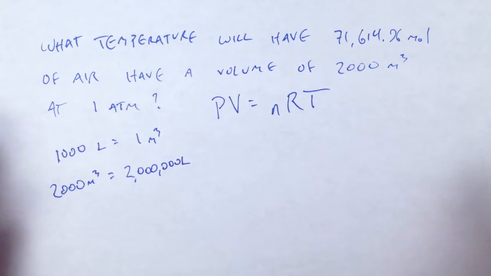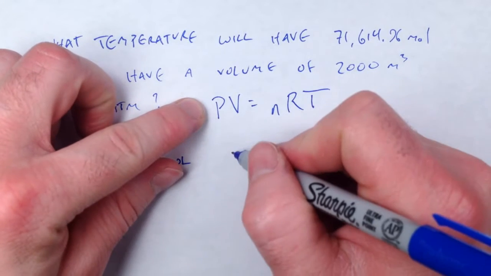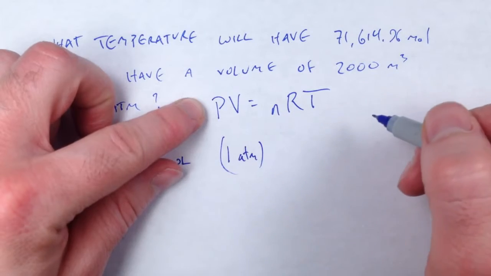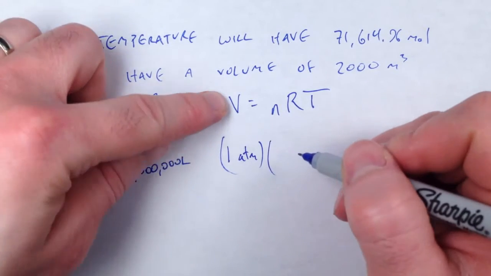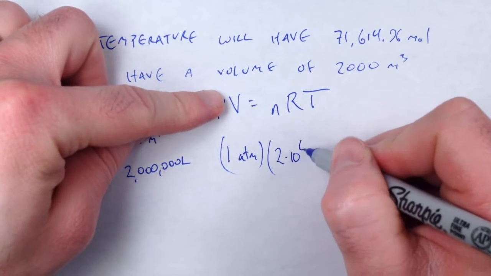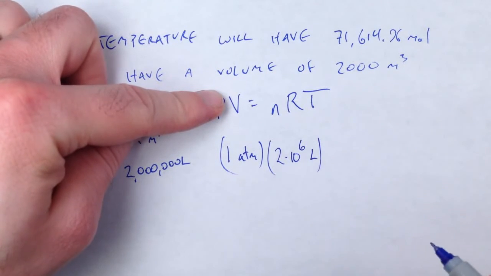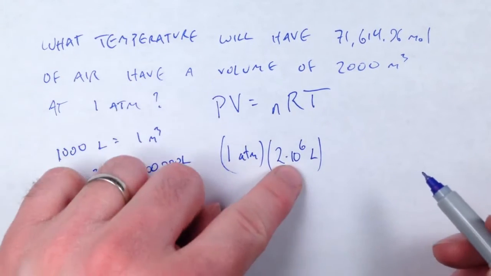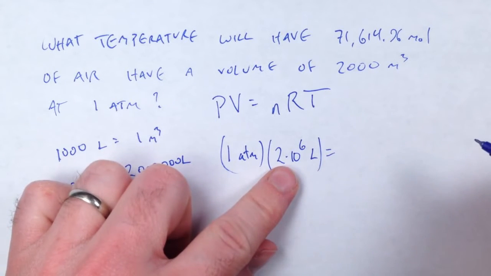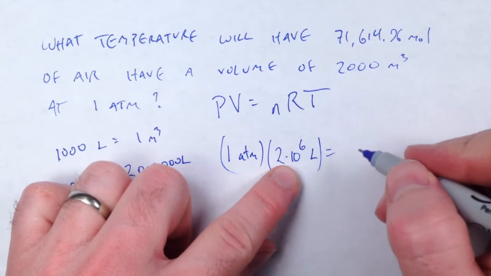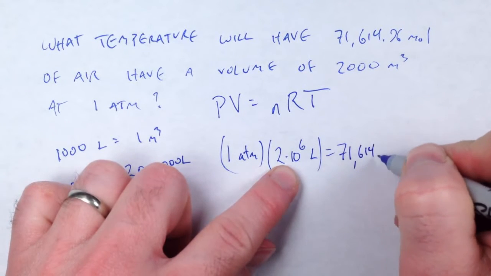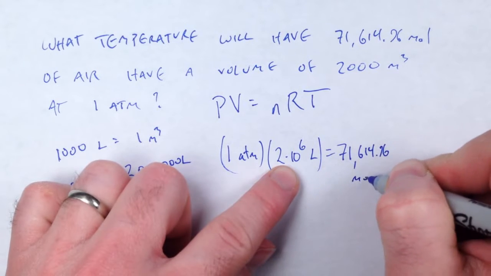Okay, so let's fill this in. We know what the pressure is. The pressure is 1 atmosphere. The volume is going to be 2 million liters. I'm going to put that like this so it doesn't run off the frame. So this is PV equals n, 71,614.96 moles.